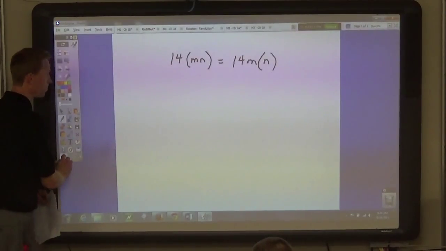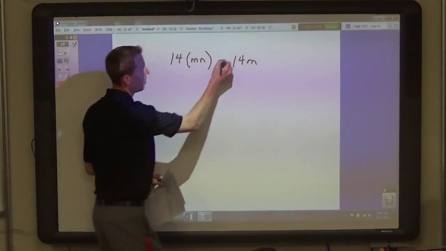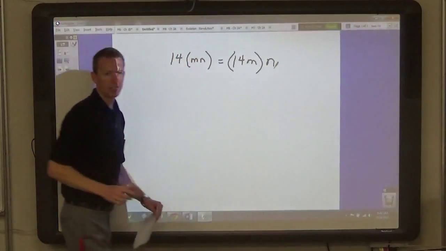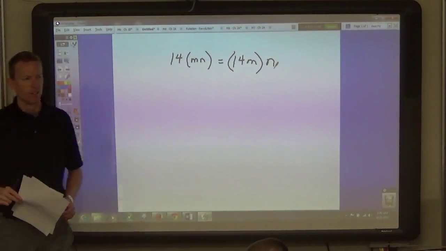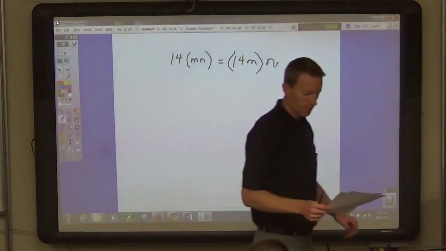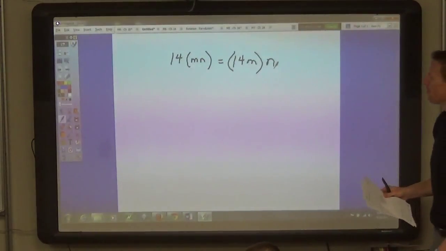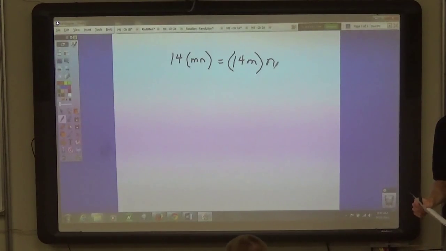Oops, I'm sorry. What's different about the second one? Asa? The second one has an n on the outside of the parentheses. Yeah. So what would you do differently in the second one? AJ?